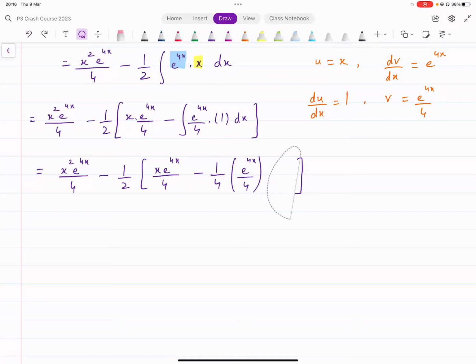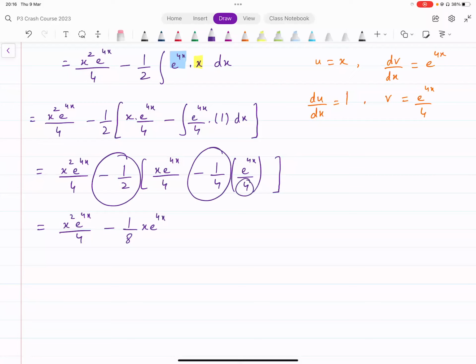Now you could simplify this and add a c to the end. Let's see what we get from that. That becomes x squared e raised to power 4x divided by 4 minus 1 over 8 into x e raised to power 4x. And you have this minus 1 over 2 and this minus 1 over 4, and also this 4.